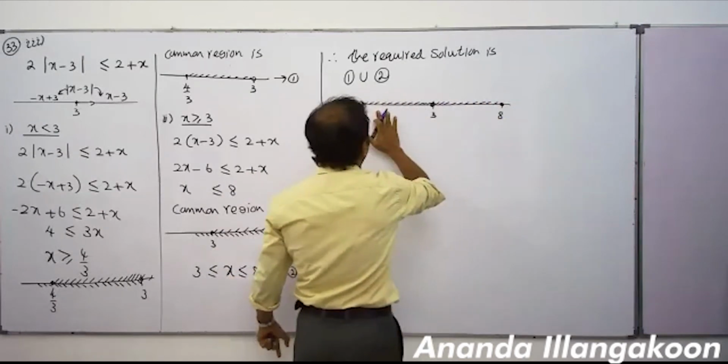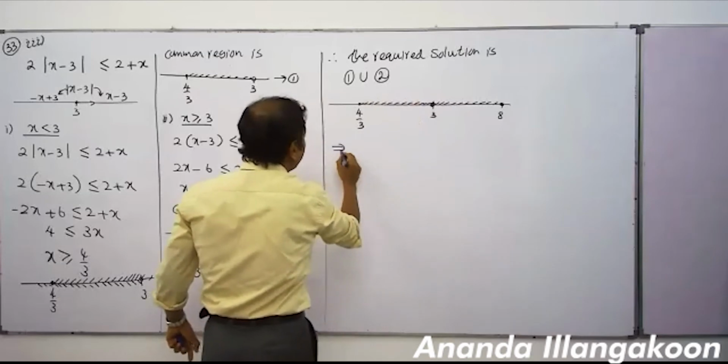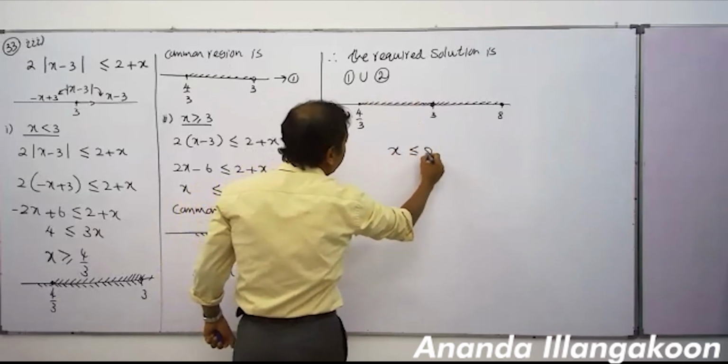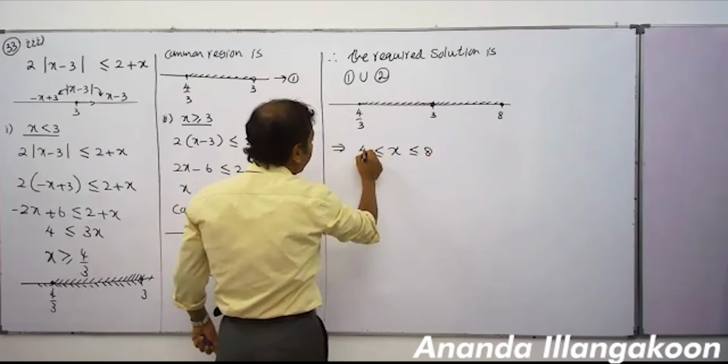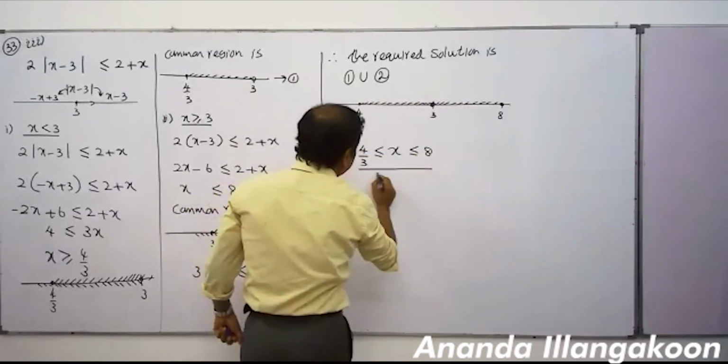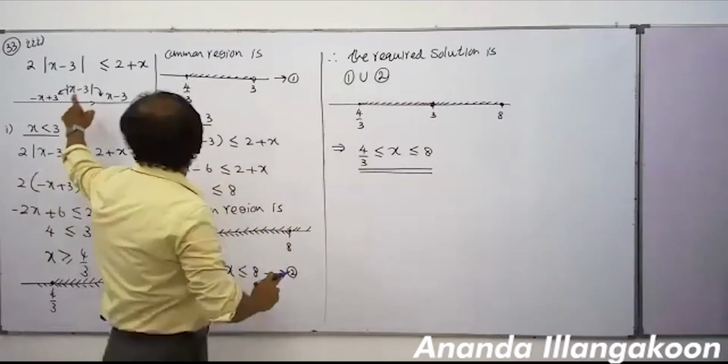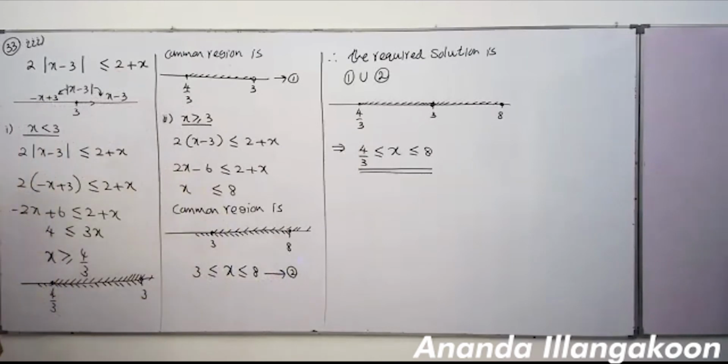Now this plus this means the required solution is going to be, people, x less than or equal to 8, greater than or equal to 4 by 3. This is the solution for this one. Right?